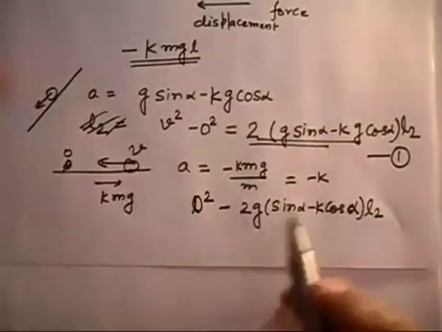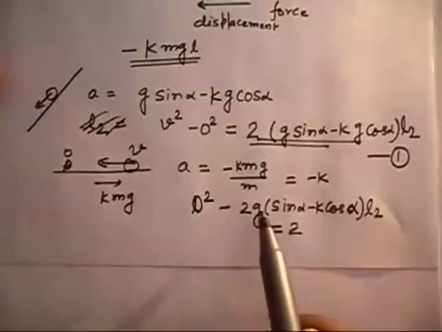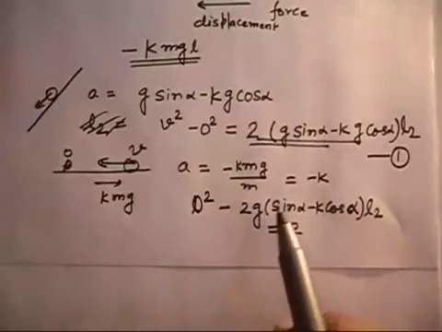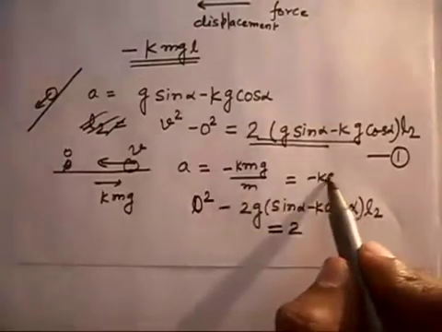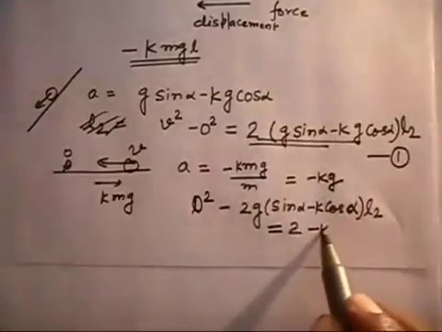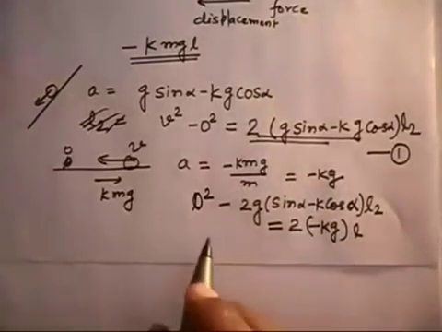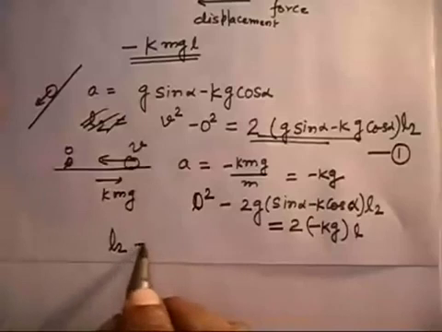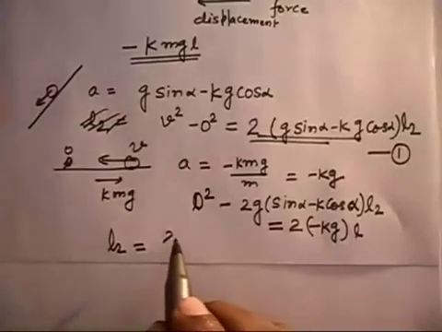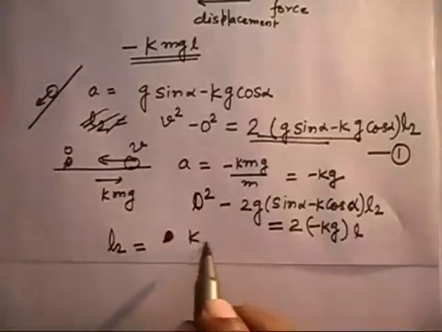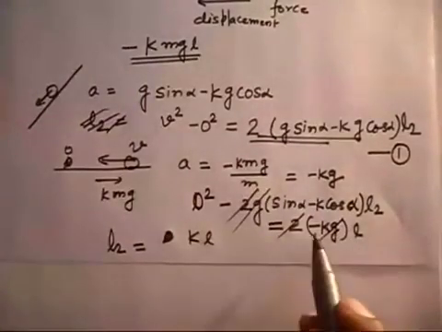So v square minus u square is equal to 2as, where a is minus kg, and the displacement is L. So from here I can find L2: minus minus cancels out, 2 cancels out, g cancels out.